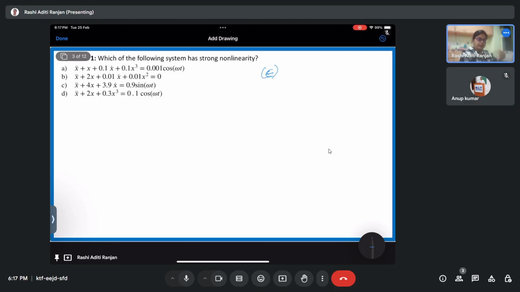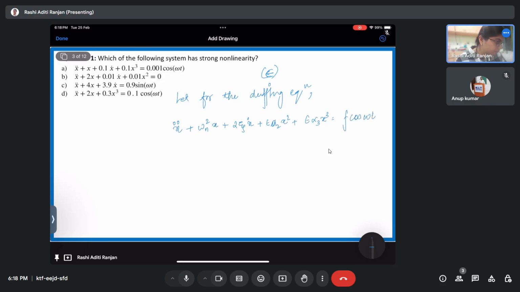Let us assume the Duffing equation as this, plus the forcing term. Okay, let us assume this Duffing equation.